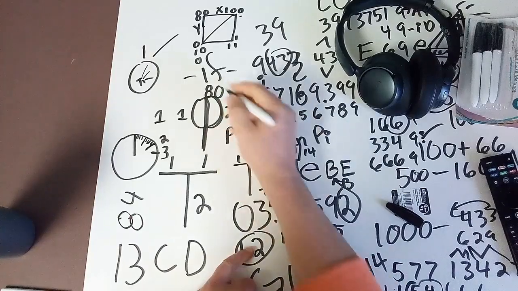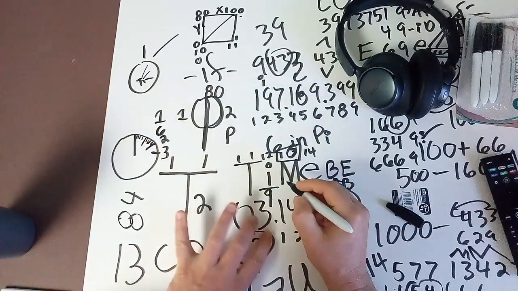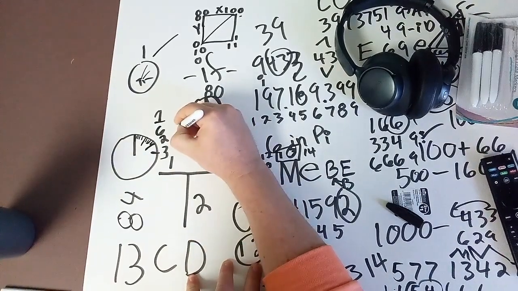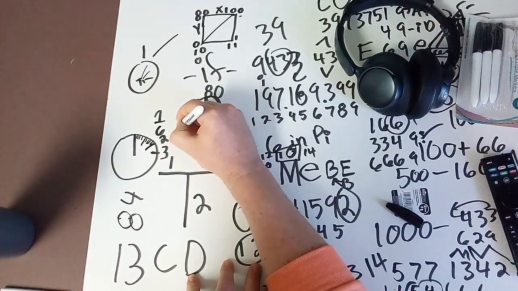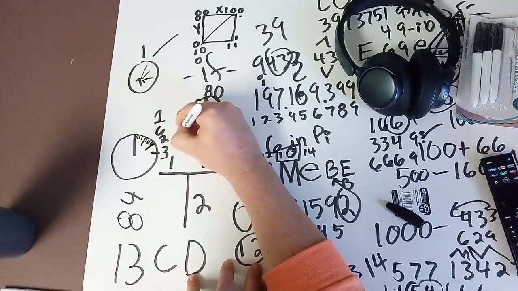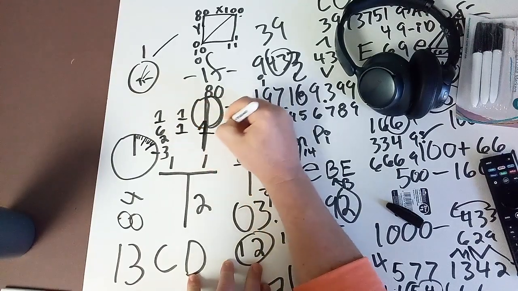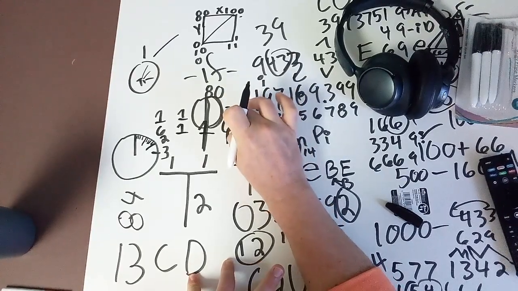So we understood that P is also 6. And then lowercase t is, how did I do that? We know binary 6 is 1, 1, 0. So that gives our placement for 2.